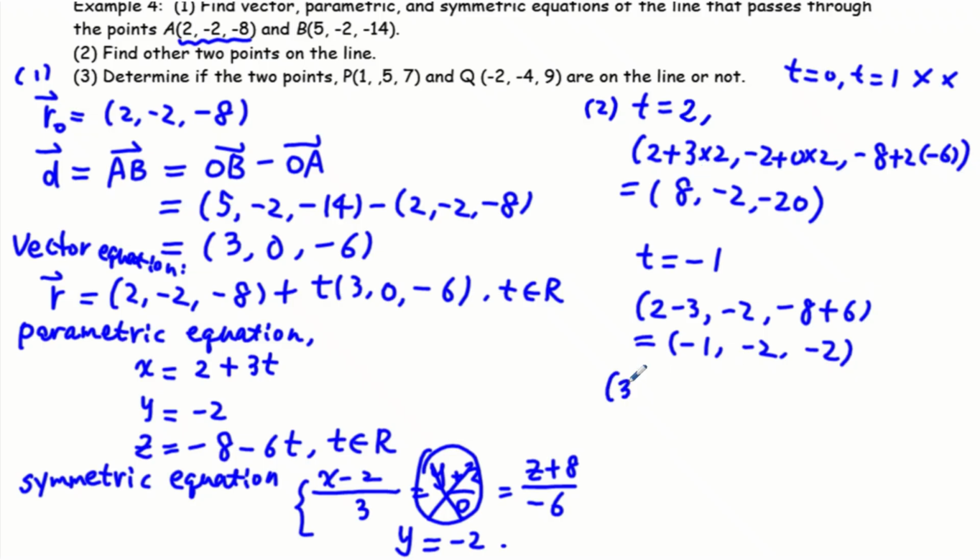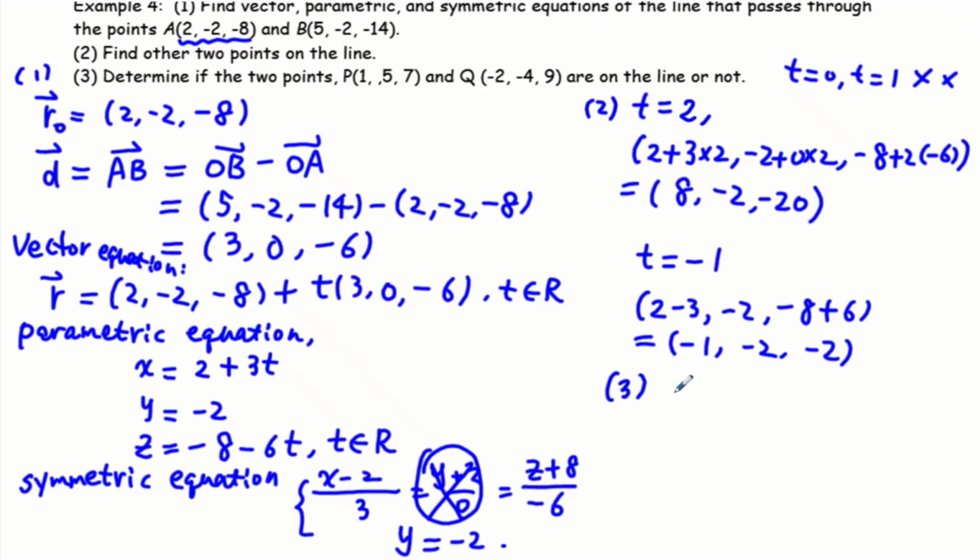And example question 3, determine if the 2 points are on the line or not. So in order to prove it's on the line or not, we have to sub this point into the equation and solve for t to see if the t exists or not.